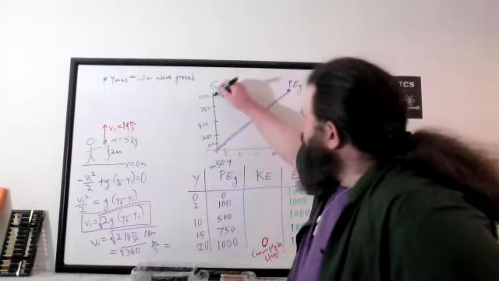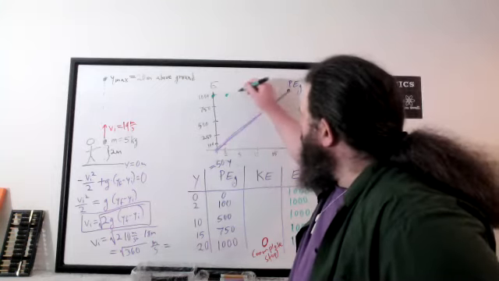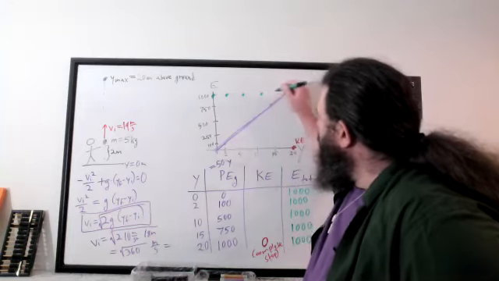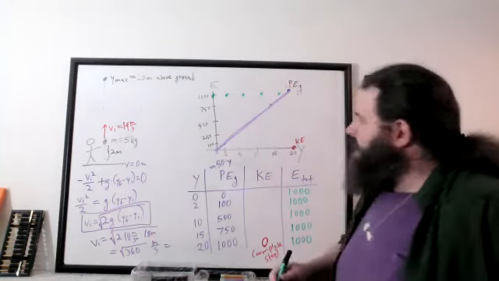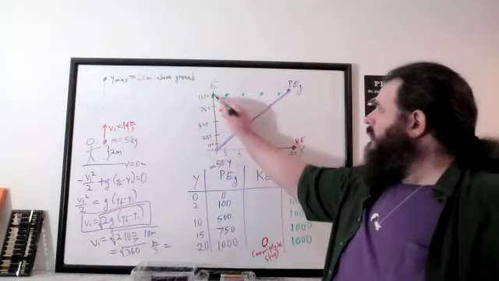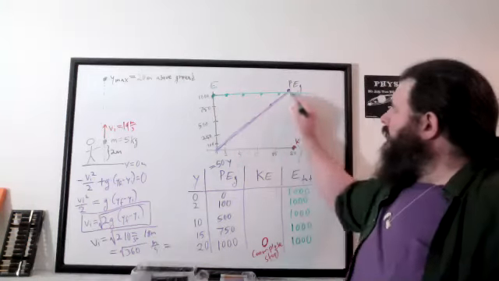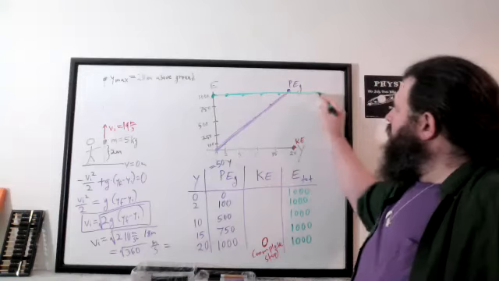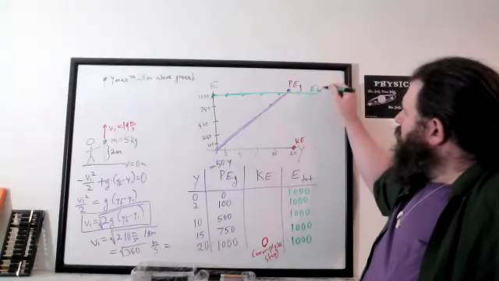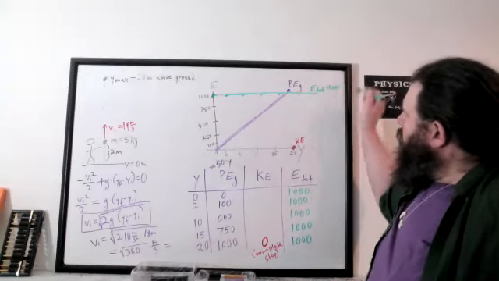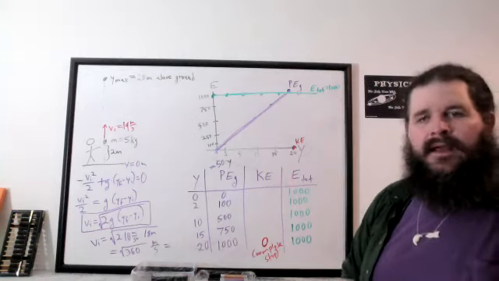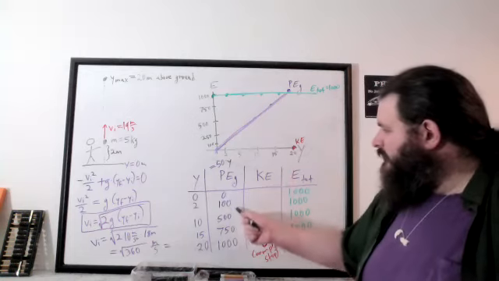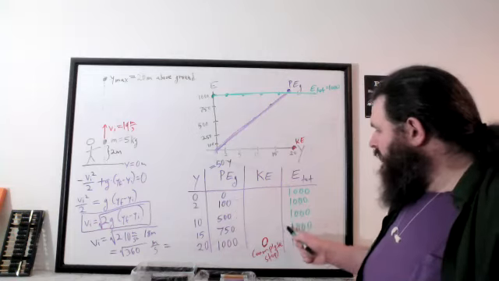If it's 1,000 here, and 1,000 here, and 1,000 here, and 1,000 here, what shape do we draw? A straight line. Yeah, specifically a flat horizontal line. So total energy is just going to be a flat line. And with that, we now know the potential energy everywhere, and we know the total energy everywhere.